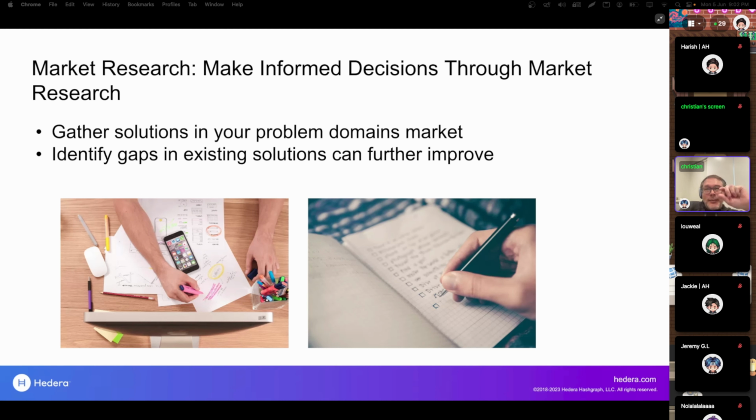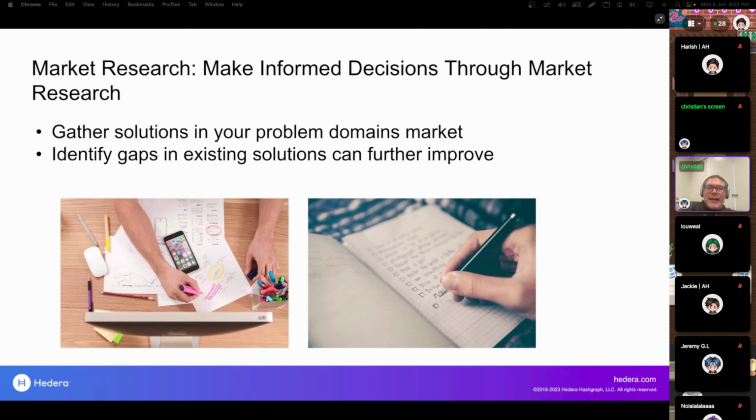You know, we said to come up with a very succinct problem statement. So maybe you're seeing a solution in the market, but it doesn't do this one thing. Really identify that and hone in on it.